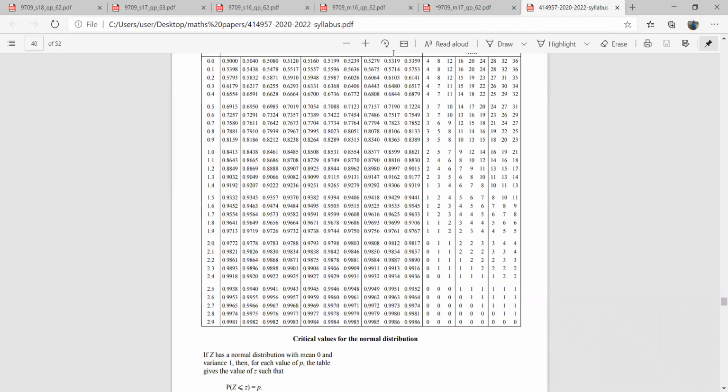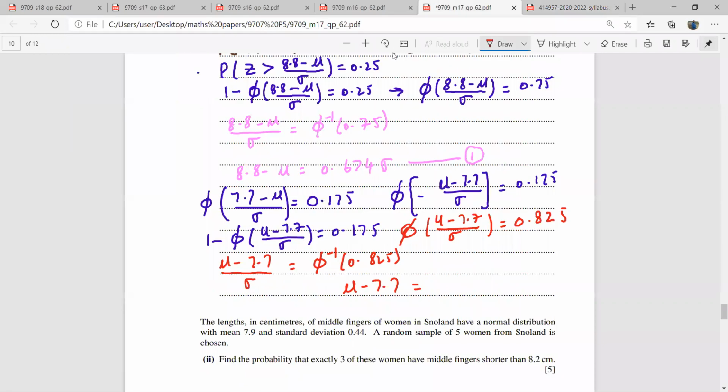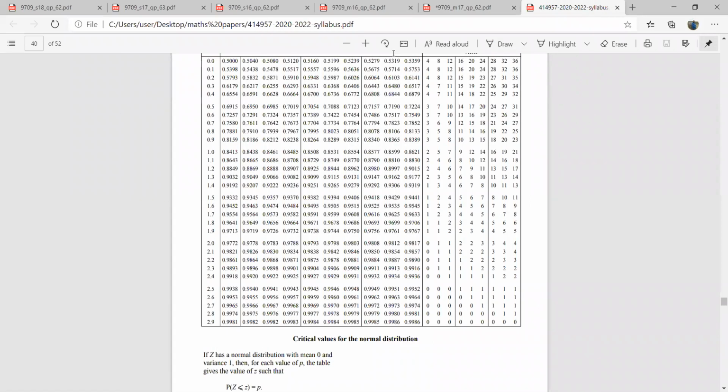Take the smaller value, 0.825. So I'll be using this and adding the difference, so this is 0.935.